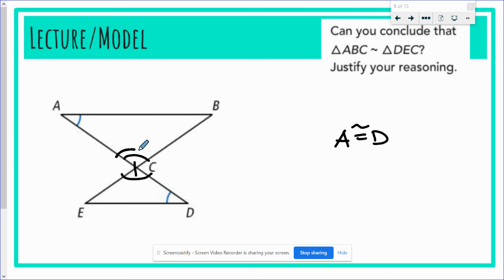These two angles are vertical angles, so they are also congruent because vertical angles are congruent. So they do have two congruent angles, meaning they are similar. Because we know that A and D are congruent, and angle C is the same because they are vertical, they have two congruent angles. We know that they are similar.